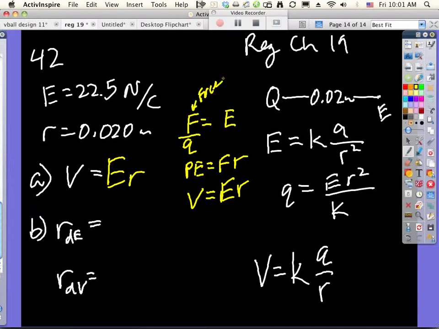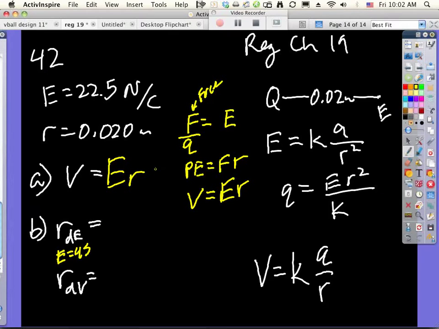So this is going to say our electric field is 45. And what does our electric potential become? Well, 2 would be 45, so 0.45? Does this come out to be 0.45? I think so, because I moved the decimal over twice.